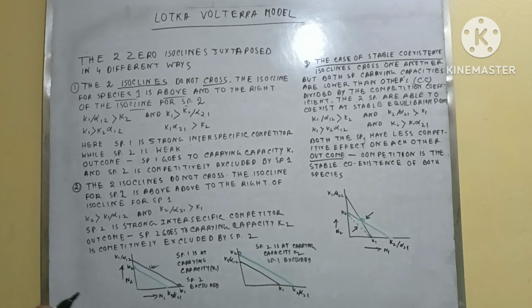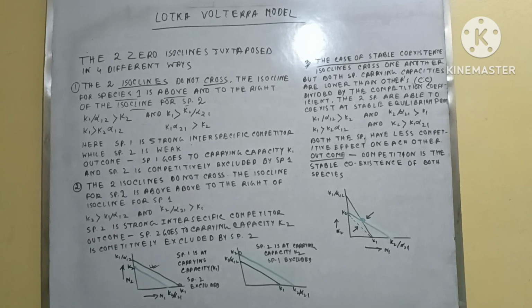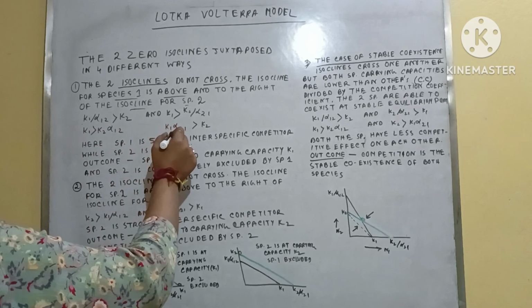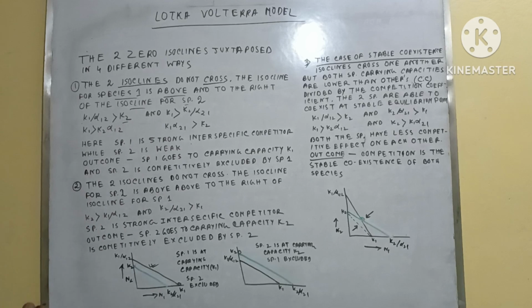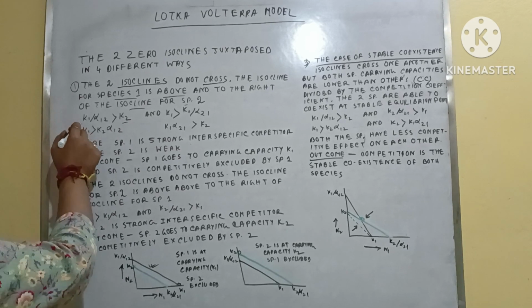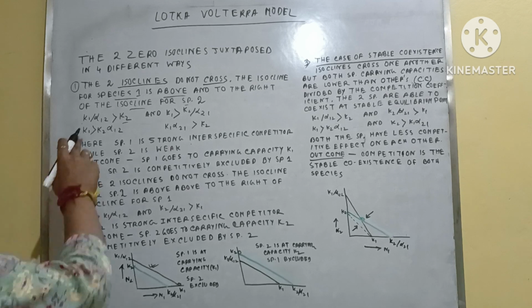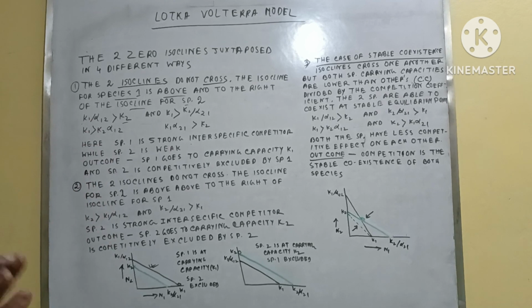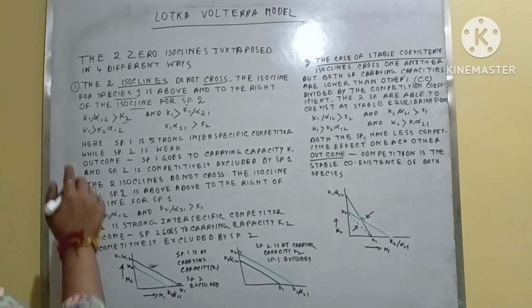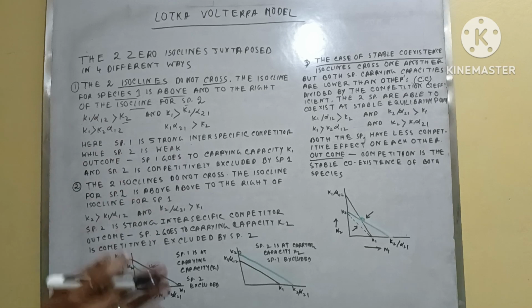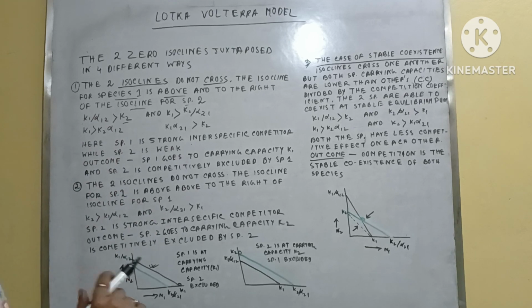Clear? And here K1 is the carrying capacity for species 1, and K2 is the carrying capacity for species 2. Here it is K1 by alpha 12 for species 1, and K2 for species 2. You can check out that one video for what this is.